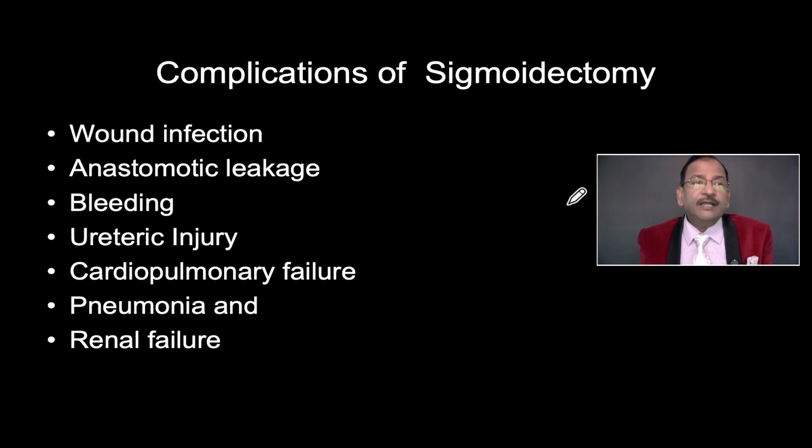If you want to be a dedicated colorectal surgeon, then you need to go into that branch and dedicate your entire life to that. However, simple rectal prolapse and sigmoidectomy, as a general surgeon, you are allowed to perform. So these are the complications which we should keep in mind. So is there any question?